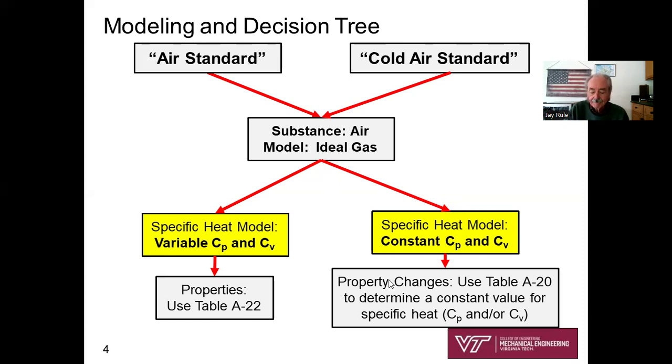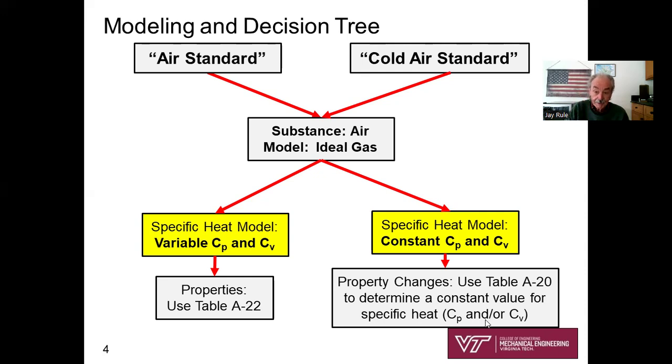So what does that mean? It says for property changes, like internal energy change or enthalpy change, you're going to go to table A20, look up air, and select a single constant value for specific heat, either C sub P or C sub V, or whichever one of those you need.